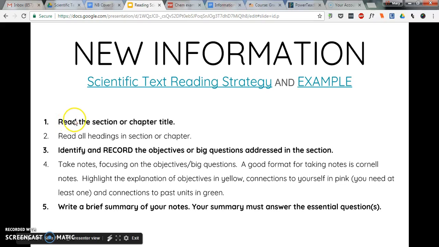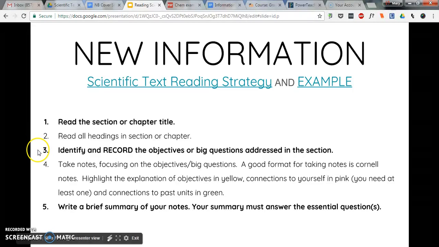So here are the steps to the reading strategy. Number 1. Read the section or chapter title. This is a big flag telling you what it is you're going to be reading about. 2. Read all headings in the section or chapter. Read all headings: subchapter headings, paragraph headings, section headings. You can look at graphics, read captions, anything to prepare your brain for the different things that you might be learning.